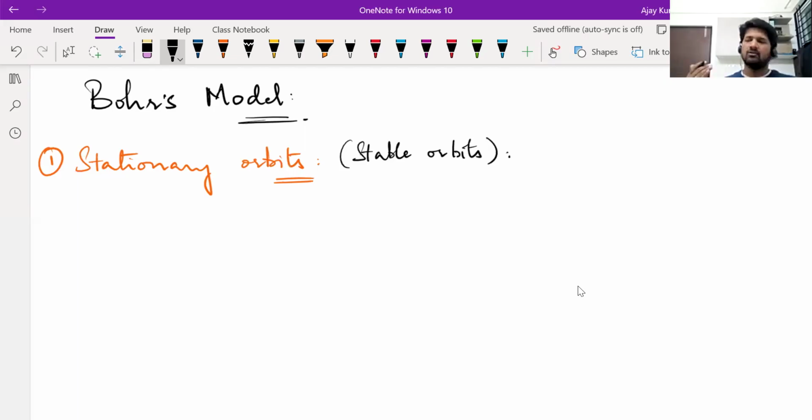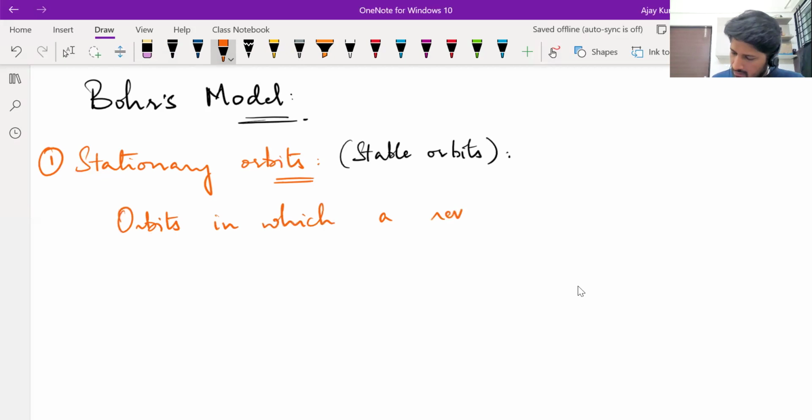So there are certain orbits, meaning particular radii, in which an electron can revolve around the nucleus without emitting electromagnetic radiation. Basically, these are orbits in which a revolving electron does not radiate energy.